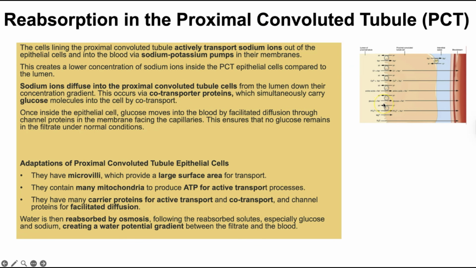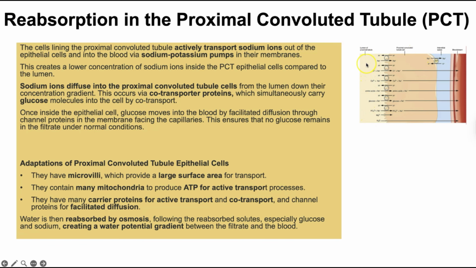So those cells lining the proximal convoluted tubule actively transport sodium ions out of the epithelial cells into the blood via the sodium-potassium pump. That creates a lower concentration of sodium ions in the epithelial cells compared to the lumen.